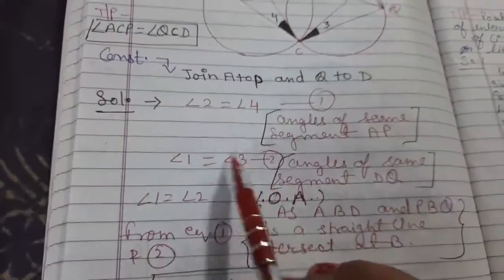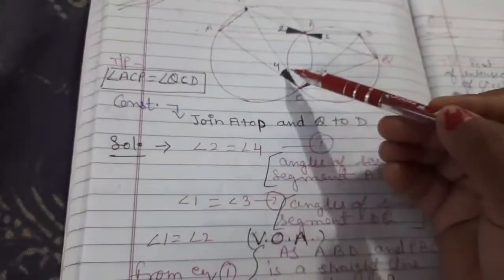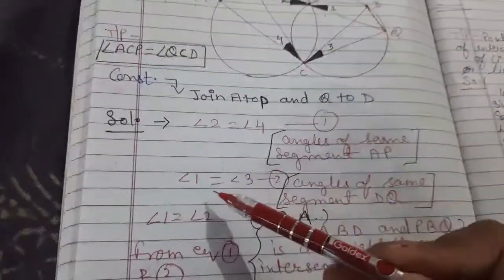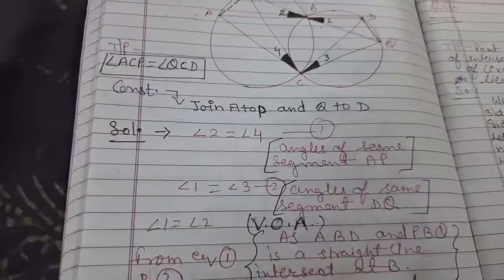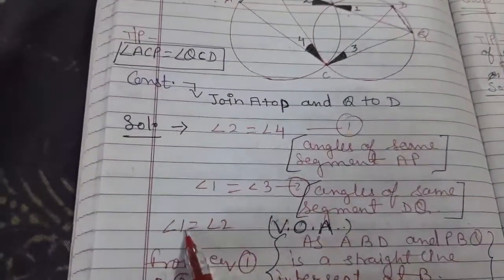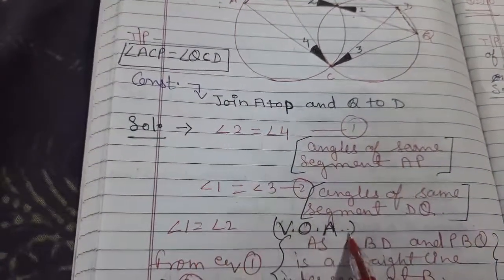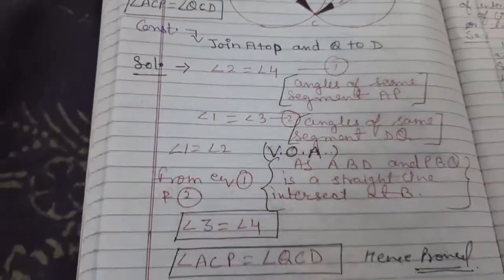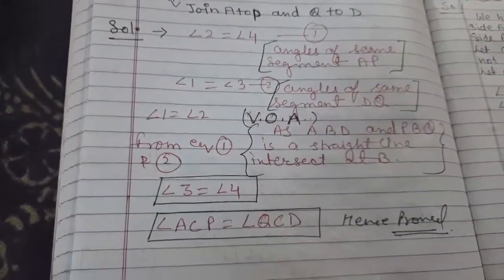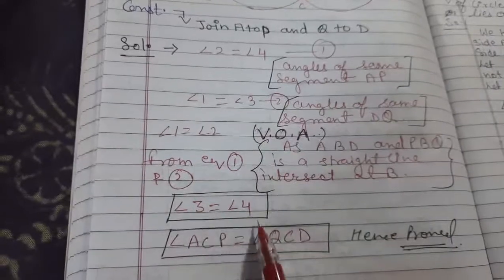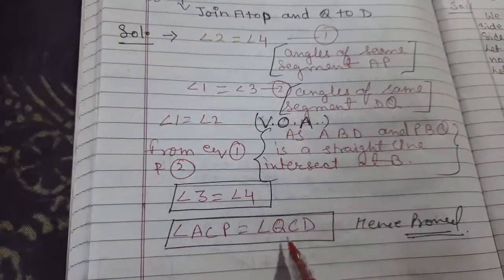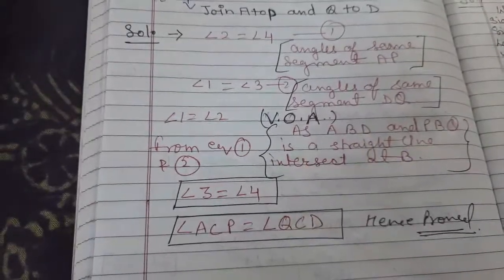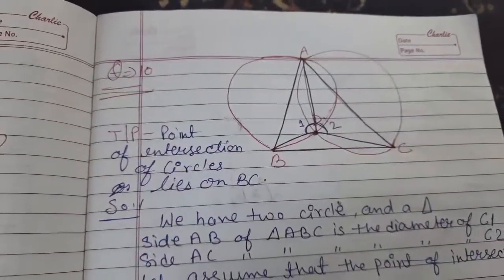Hence angle 2 is equal to angle 4, angle 1 is equal to angle 3 by the property of angles formed by the same segment, and angle 1 is equal to angle 2 by vertically opposite angles. So from equations 1, 2 and 3 we can say angle 3 is equal to angle 4, angle ACP is equal to angle QCD.